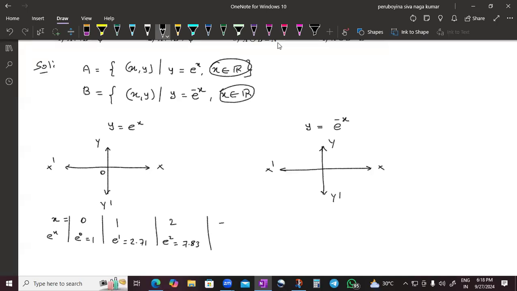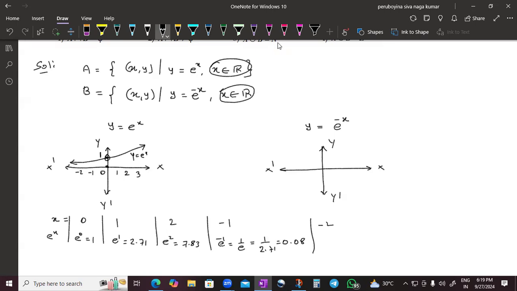If you see the negative side, for example, if you give -1, then e power -1 is equal to 1 by e. 1 by e means 1 by 2.71, approximately 0.37, and so on. As you decrease the values, you are getting smaller values. So the graph will look like this. When x is getting negative values, the graph is decreasing. If x is increasing, the graph is increasing rapidly. So this is y equal to e power x. At the 0 point, we are getting 1.